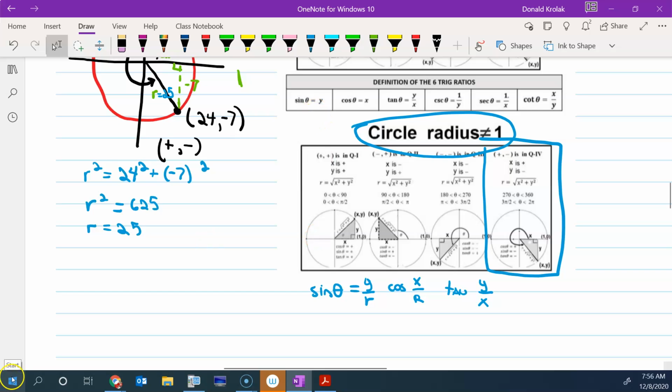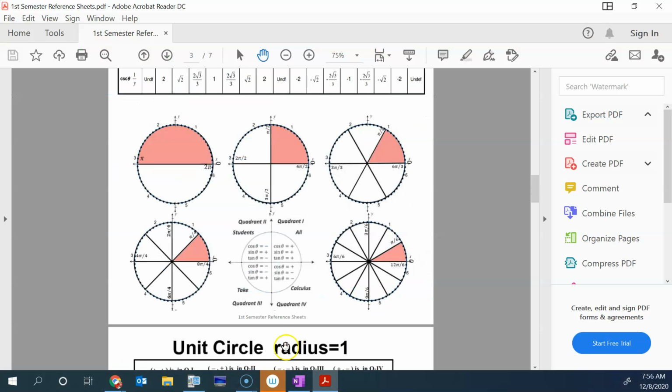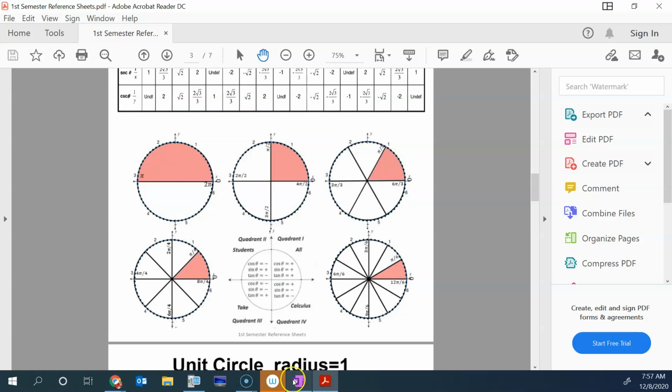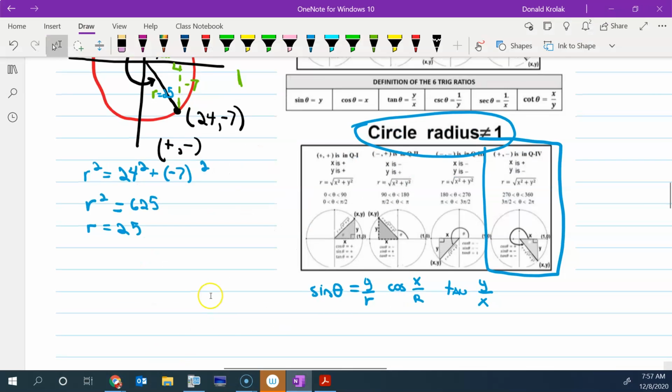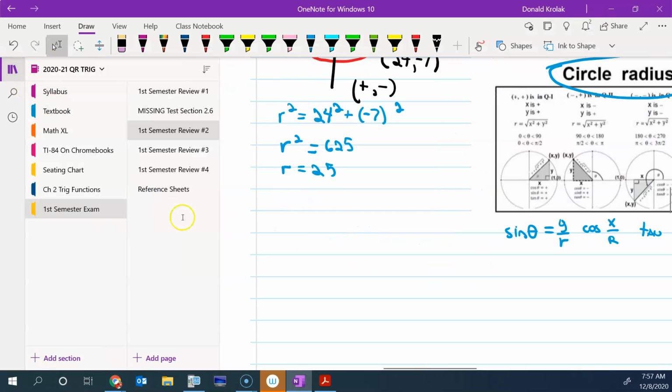So what I would do on my reference sheet is go to this slide, and underneath this unit circle, I would copy these down.